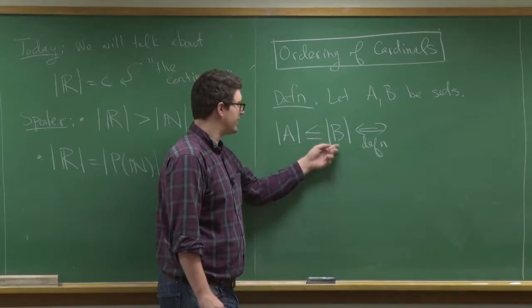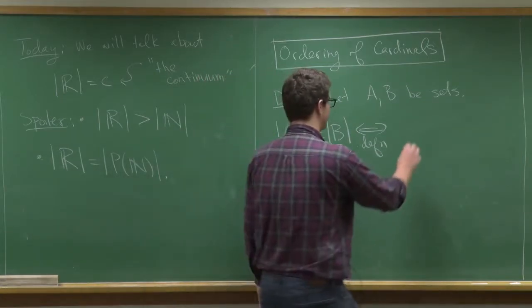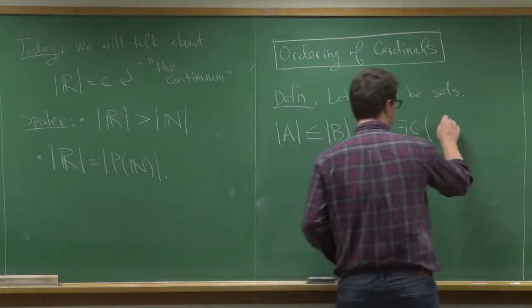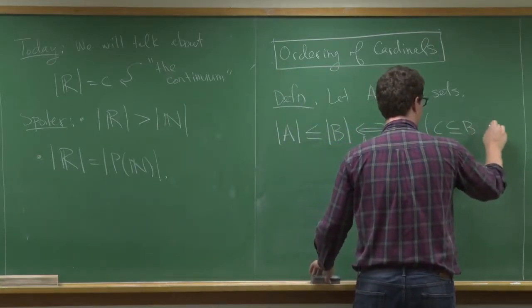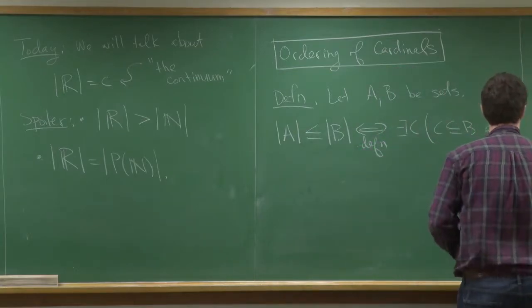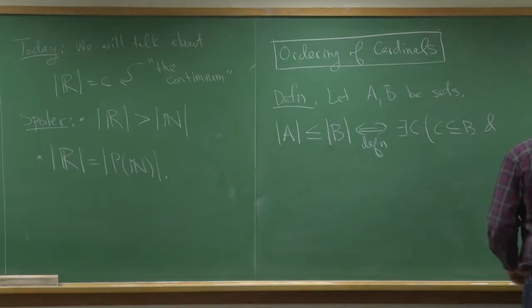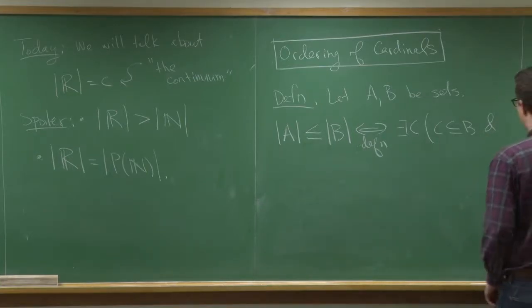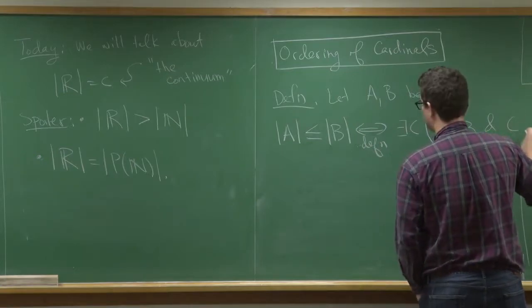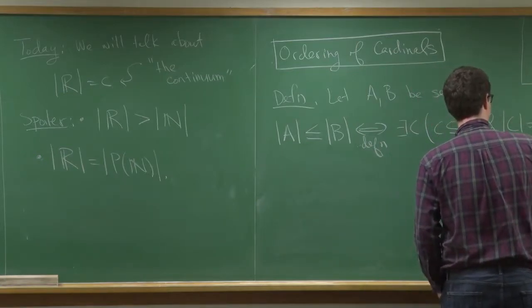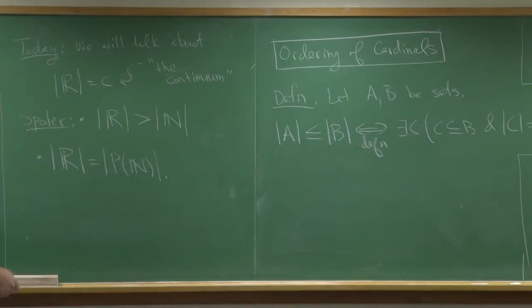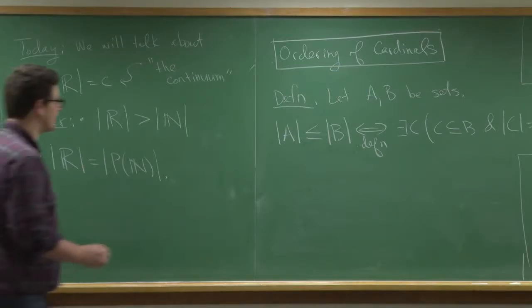So A is less than or equal to B if and only if there exists some C where C is a subset of B, and C is the same cardinality as A. Okay, so this is saying that there's a subset of B that's the size of A.